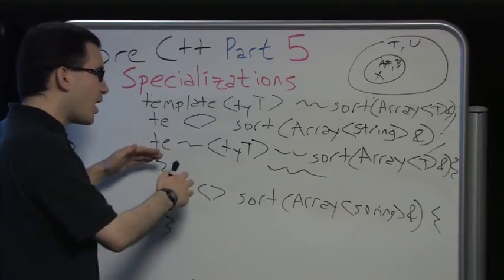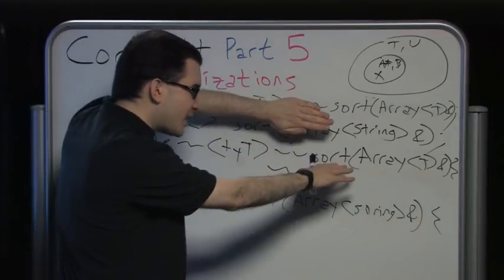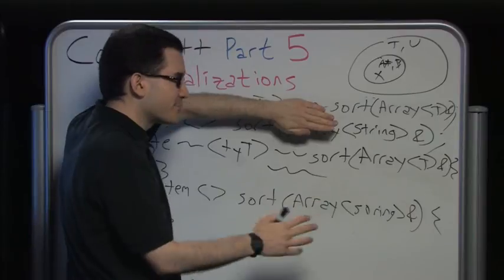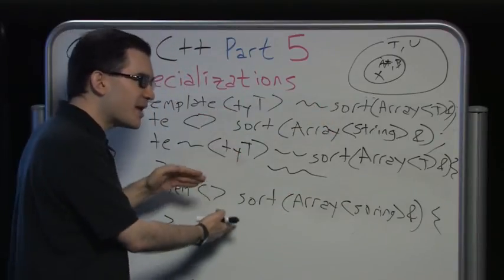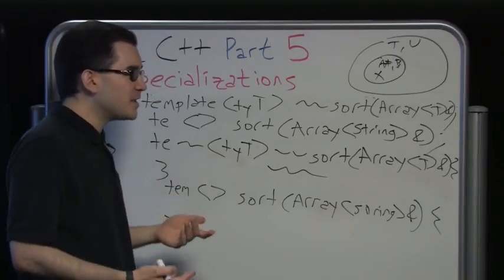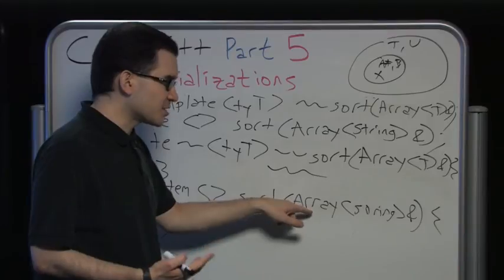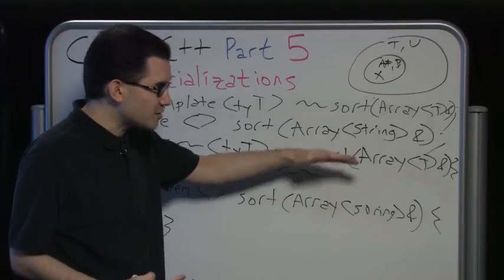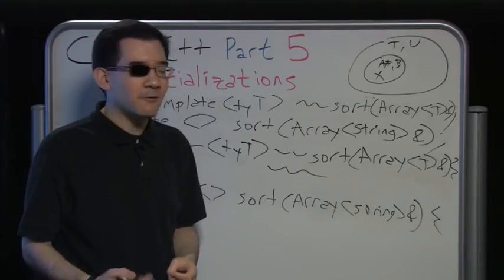So if I simply had this stuff, I'm defining sort of array of T ref and also declaring it, and then I define the array of string ref specialization and also declare it. If these depend on each other in any way, that would be an attempt to use this explicit specialization before it had even been mentioned. Because in most cases, you can think of C++ as being parsed top-down.